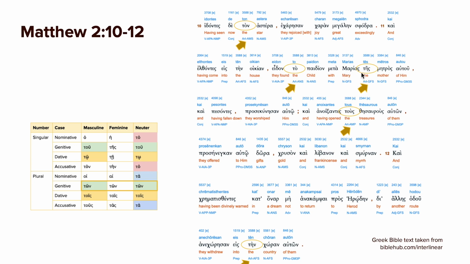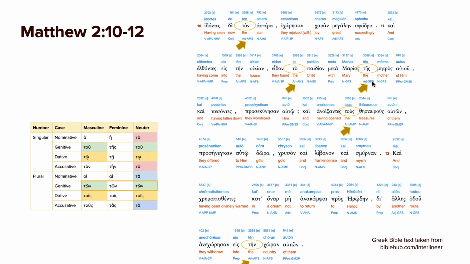All right, here we have Marias with Mary, tes metros autou, his mother. So here in Greek, you're going to use his mother with the article; we don't use the article with his. We would just say his mother. But here in Greek, they would say his the mother, or the mother of him is kind of a good way of putting it.